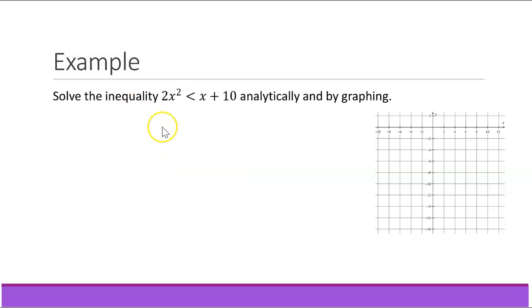Now, before we move on from this topic completely, I want to go over a common mistake that students make so that you don't make the same one yourself. In solving this inequality, 2x squared is less than x plus 10, sometimes students will start out correctly, subtracting the x and the 10 to the other side, and then factoring. So quantity 2x minus 5 times quantity x plus 2 is less than 0.